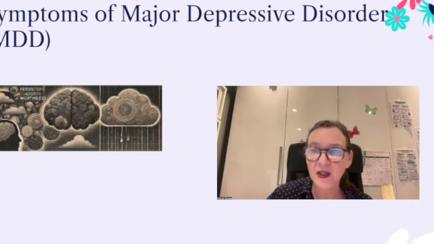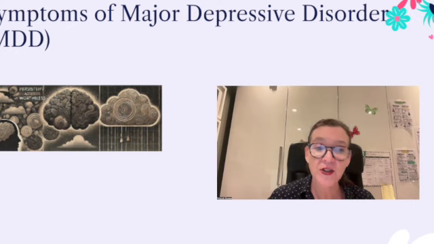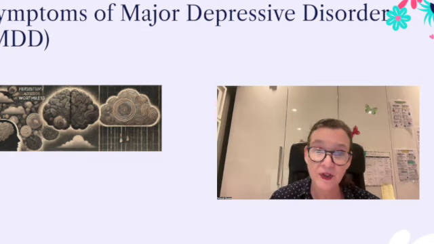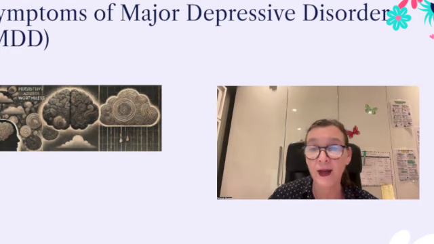They struggle to complete work and find it really difficult to concentrate. These changes can create a cycle of isolation and distress, making it even harder to break free of depression. Major depressive disorder is a serious condition that affects mood, cognition, and physical health. So recognizing the symptoms is an important step towards seeking help and support.